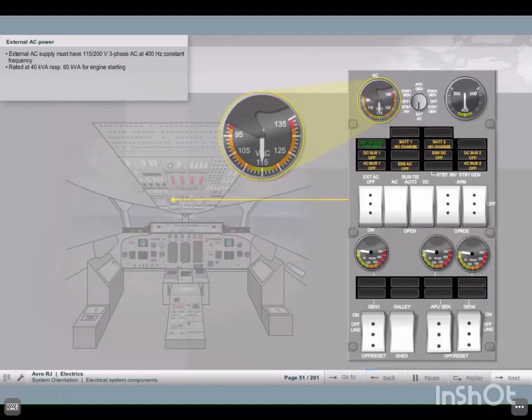On the aircraft, only phase to earth voltage can be measured, which should read 115 volts, as you can see on the voltmeter here, which is selected to indicate external AC power voltage.